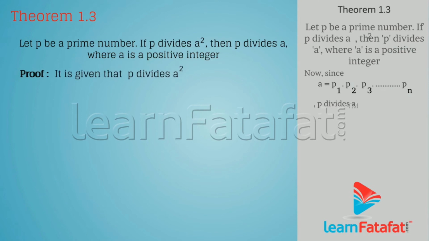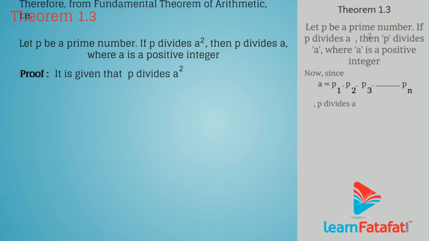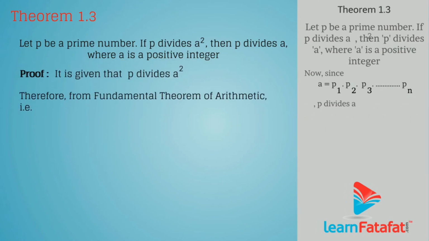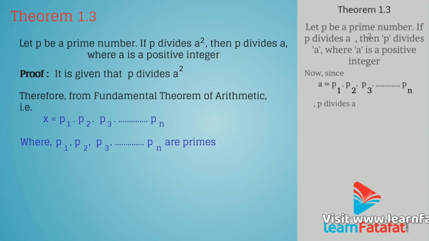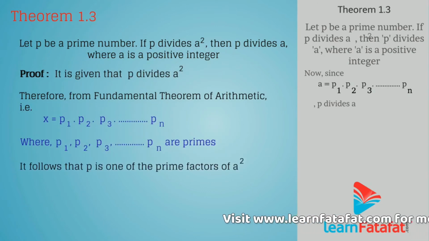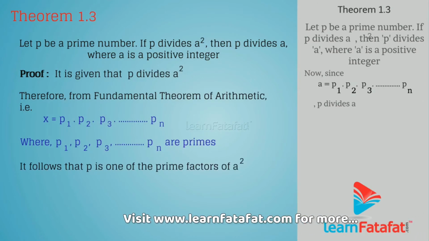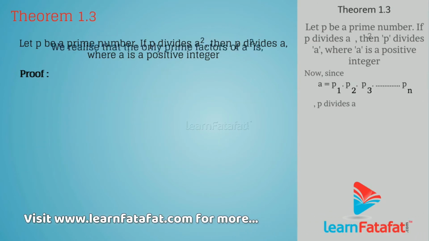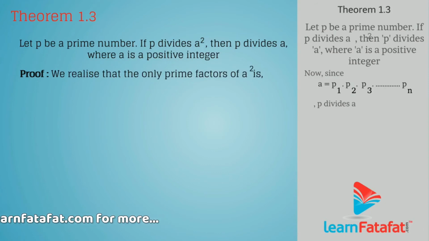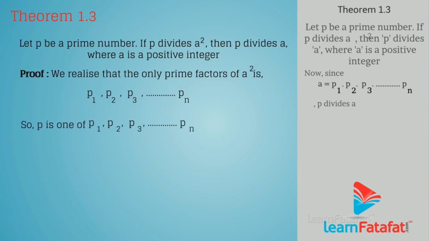It is given that p divides a squared. Therefore, from the fundamental theorem of arithmetic, it follows that p is one of the prime factors of a squared. We realize that the only prime factors of a squared are p1, p2, p3 till pn. So p is one of p1, p2, p3 till pn.